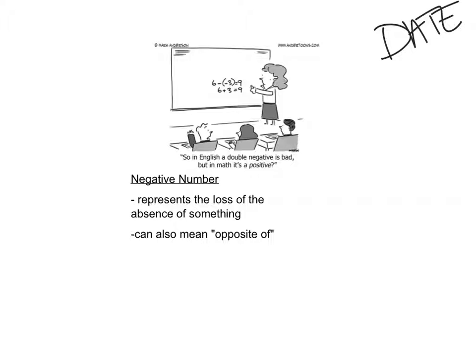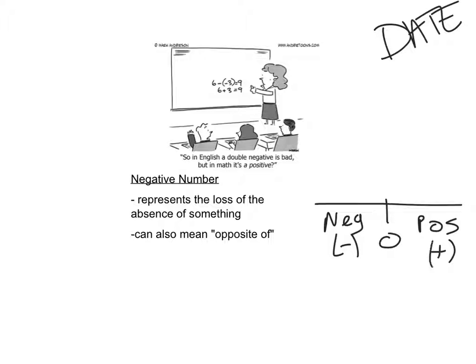So negative numbers, if you think of the number line, we have 0. Negative numbers are the ones on the left, and positive numbers are the ones on the right of the 0. And the further you go to the right, the bigger your value gets.